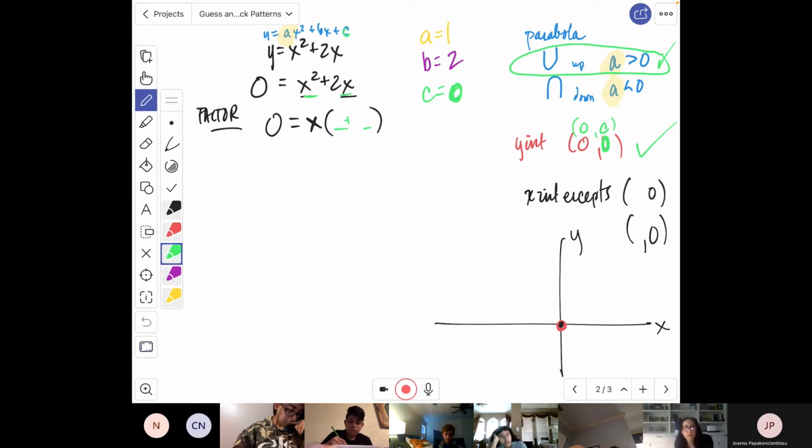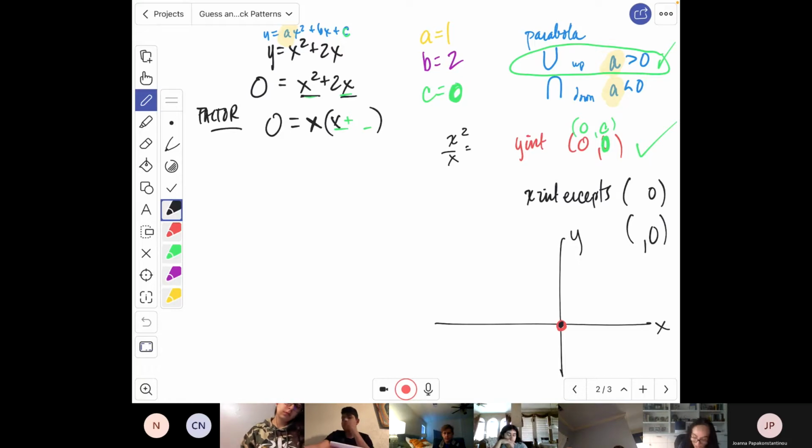X squared divided by my greatest common factor x is what? If I simplify that, what does that give me?